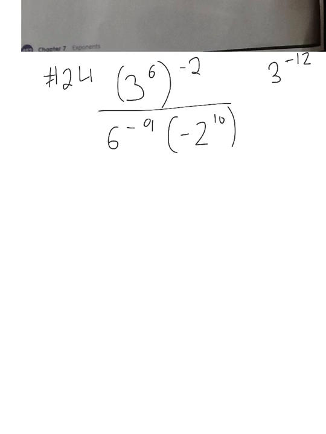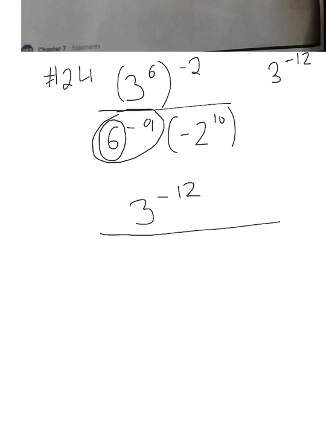Let's think about 6 to the negative 9th. Can I rewrite 6 to the negative 9th in a slightly different way? And the answer is yes, I can. So your numerator would still be 3 to the negative 12. But what I'm going to do right now is write 6 as 2 times 3. So I can write 6 to the negative 9th as 3 to the negative 9th times 2 to the negative 9th.